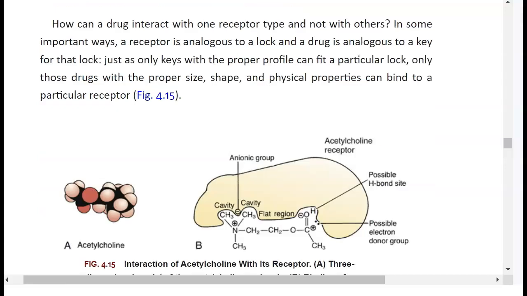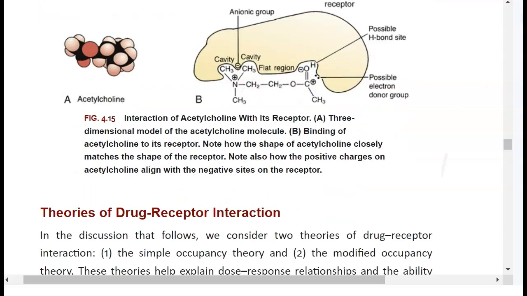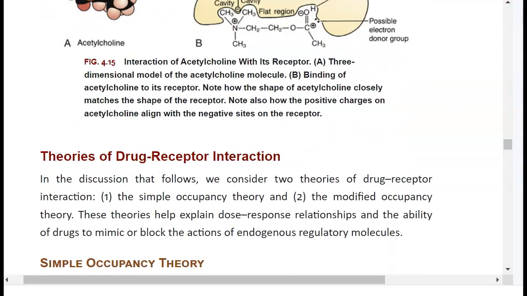Look at this in your book, this example with the lock and the key. In some ways, a receptor is analogous to a lock, and a drug is analogous to the key for that lock. The two theories that we function on in pharmacology today are the simple occupancy theory and the modified occupancy theory.